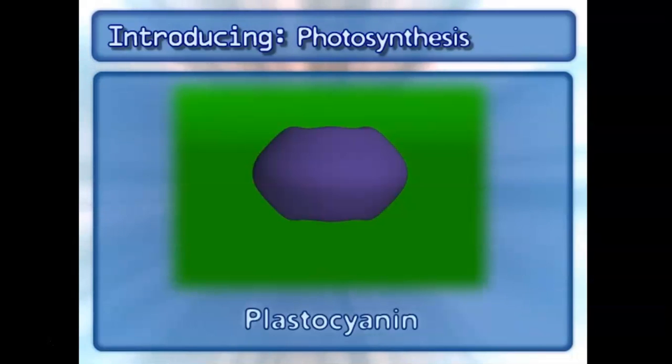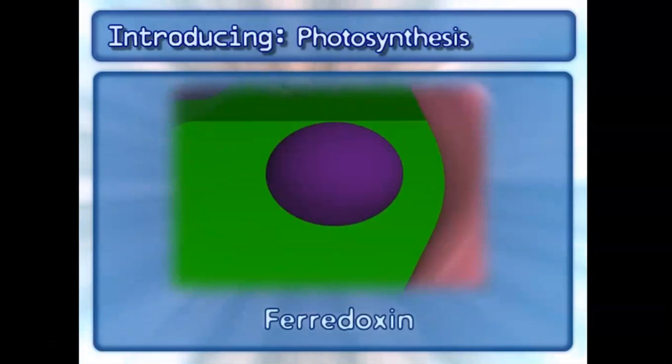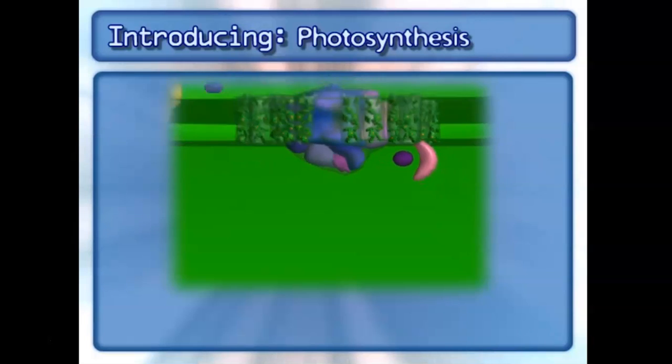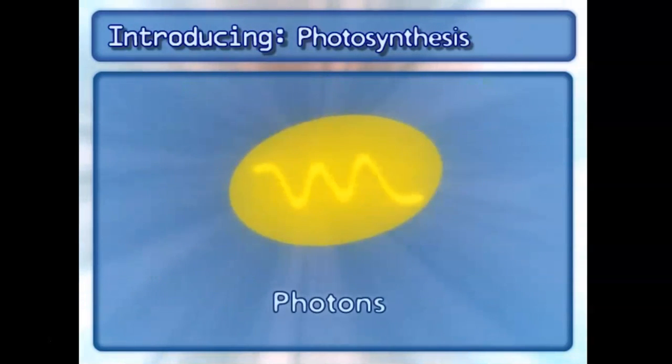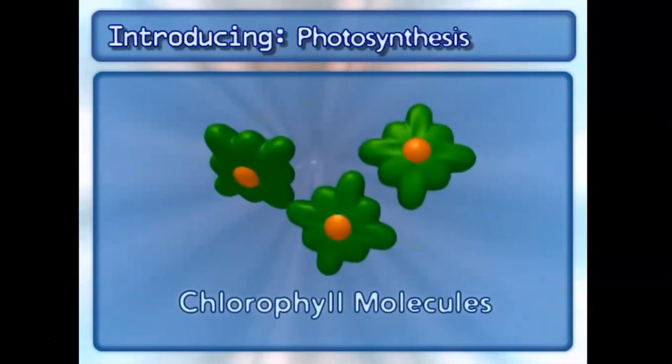In addition to the complexes, 3 mobile carriers are also involved: plastoquinone QB, plastocyanin, and ferredoxin.